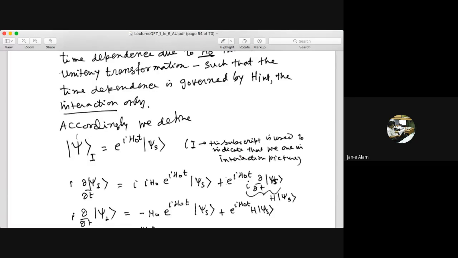So what we did, you have the Schrödinger psi. I have defined this psi in the interaction picture, denoted by I, or you can also call it the Dirac picture. So the Dirac picture psi is e to the iH naught t, the free Hamiltonian, times psi S, right?